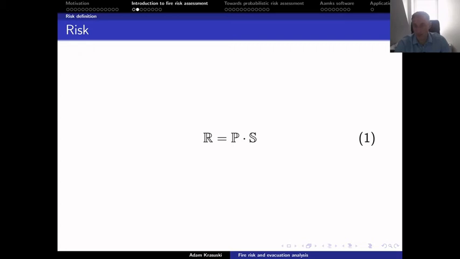So, in order to calculate the risk, for example, the risk of a given building, we need to have the probability and the consequences, quantified. We can quantify consequences into, let's say, monetary value. We can quantify the consequences that somebody dies or not, that somebody can be seriously injured, and so on and so forth. And we need to know the probability of such consequences.